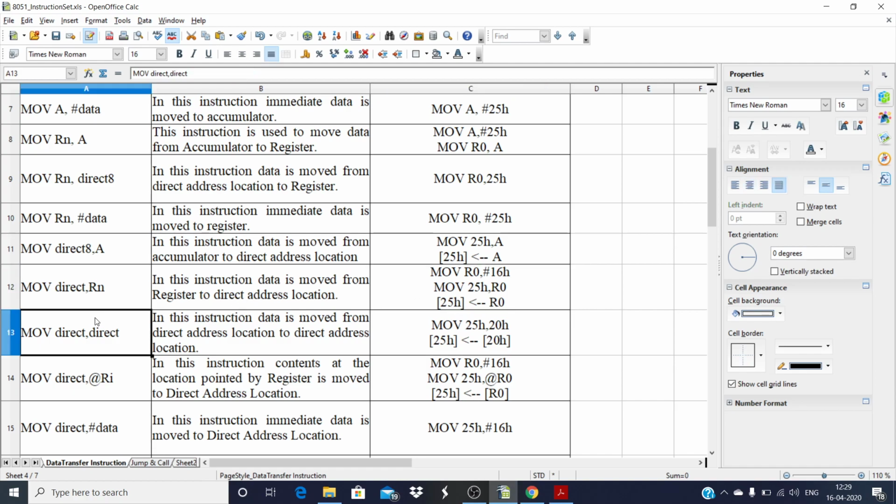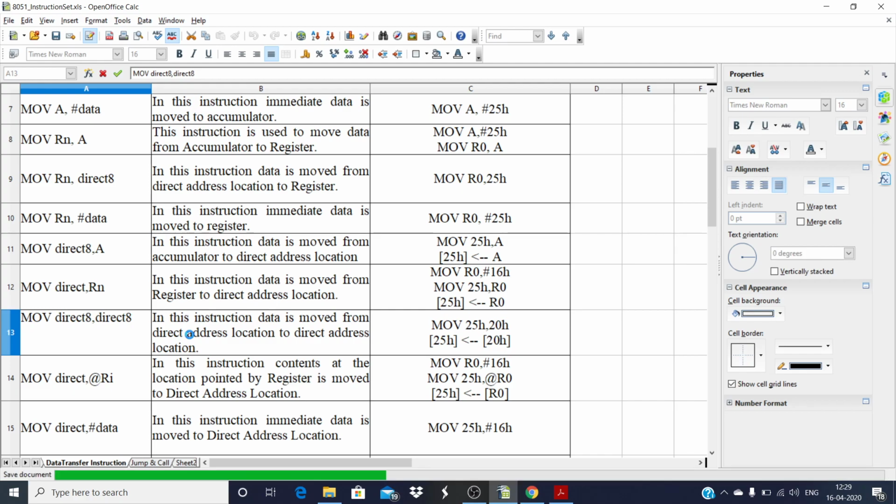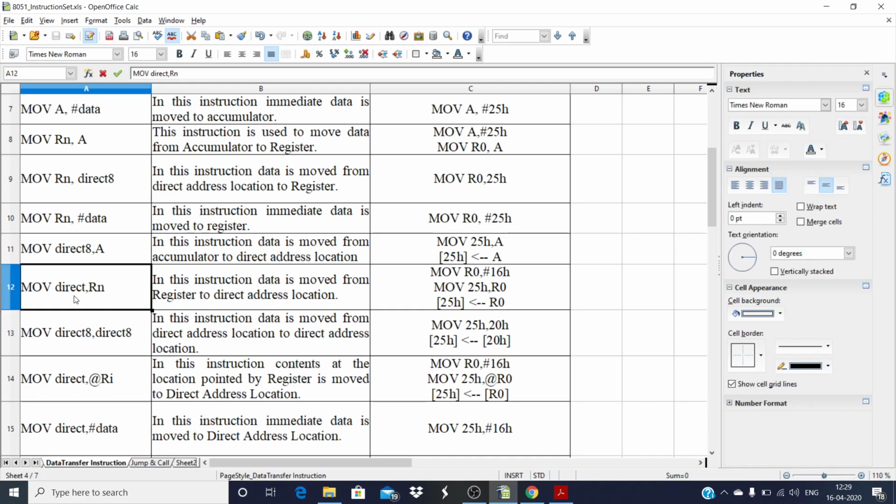Next instruction, move direct comma direct. We can have this instruction in 8051. Direct comma direct means we can move the value from a direct address location to a direct address location, 8-bit to 8-bit.